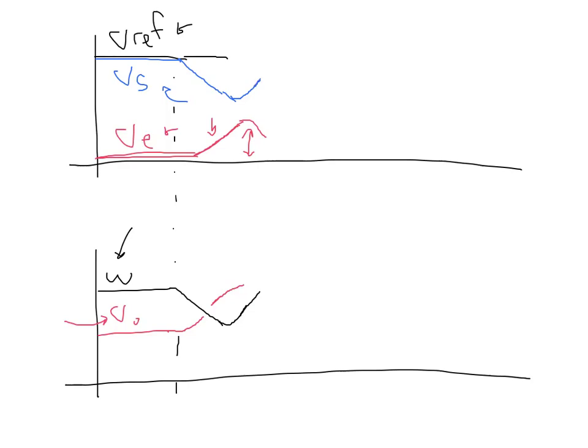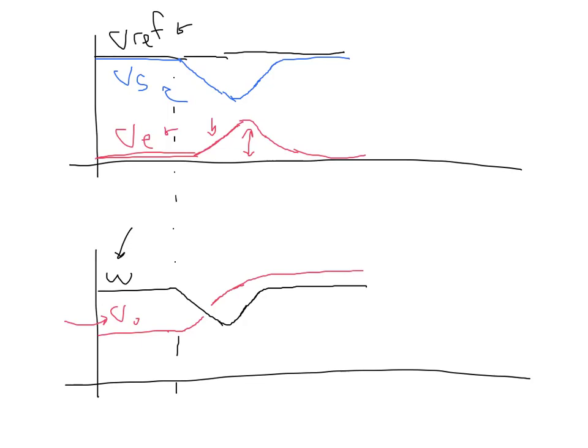Omega goes up, so Vs goes up some more, so V error goes down, and it continues in this process until omega has reached its reference value again. Vs is again equal to our reference Vref. Our error signal is again 0, and our VO has reached some new steady state operating point.